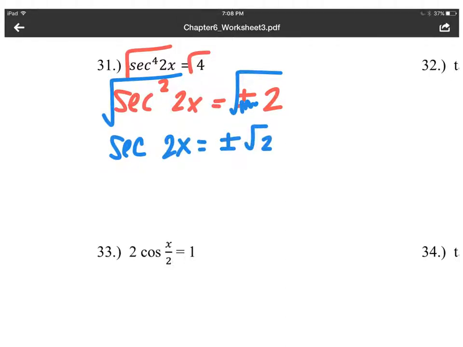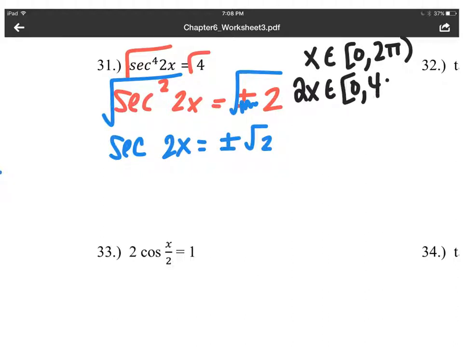Now because this is a 2x problem, that means I need to double my interval. All right, so normally I had that x was in 0 to 2 pi. However, since I have 2x, that means 2x is going to be in 0 to 4 pi.